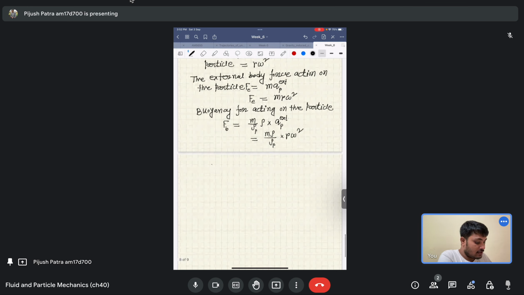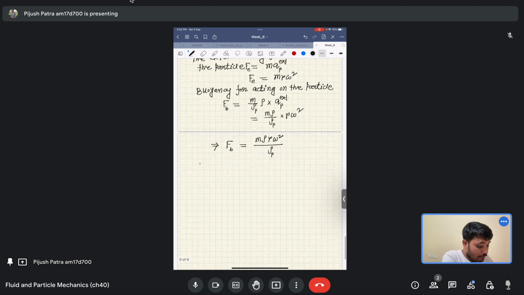So that means the FB, the buoyancy force which is acting on the particle, is m rho r omega square divided by rho p. What is the drag force which is acting on the particle?